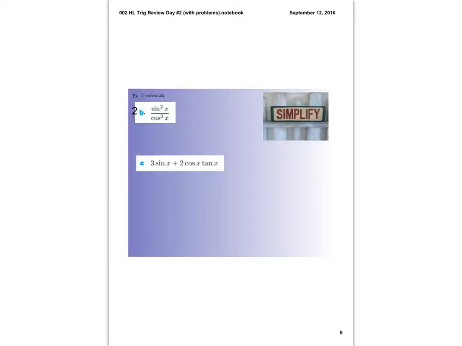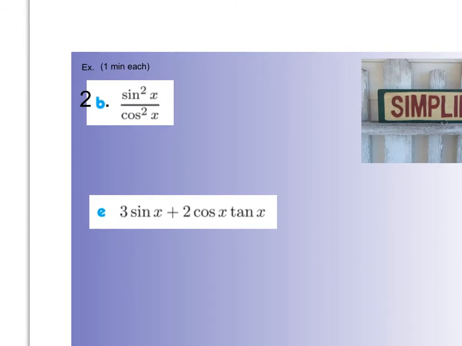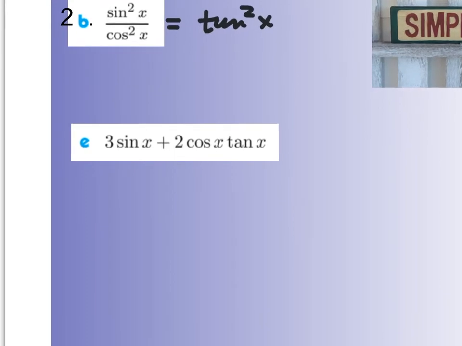Let's try another one. Ooh, sine squared over cosine squared. How about tangent squared? Cool. Okay. 3 sine x plus 2 cosine x tan x.